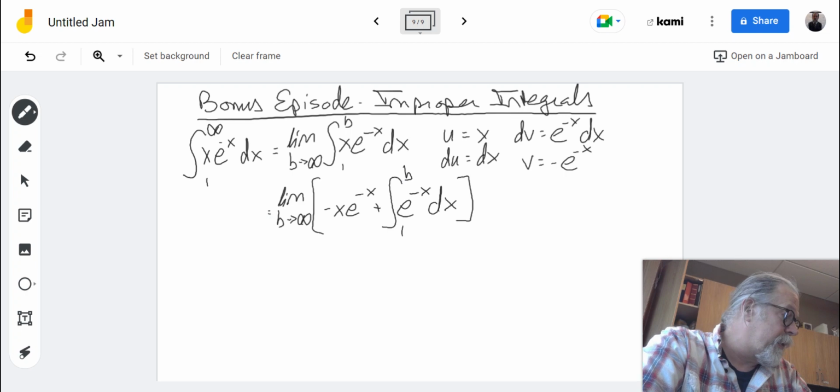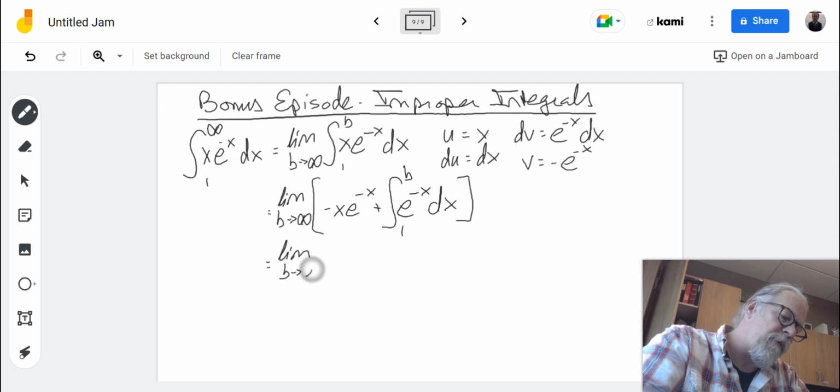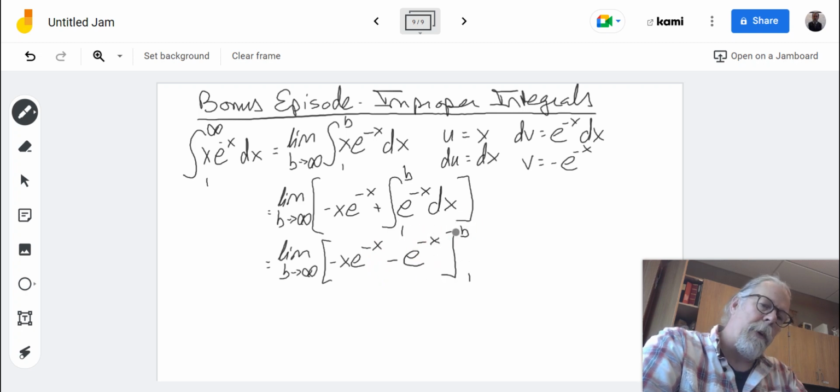We'll come back and do that all a bit later. And therefore, we have the limit as b goes to infinity of negative x e to the negative x, but we actually know the antiderivative of this one, and that is negative e to the negative x, evaluated from 1 to b.